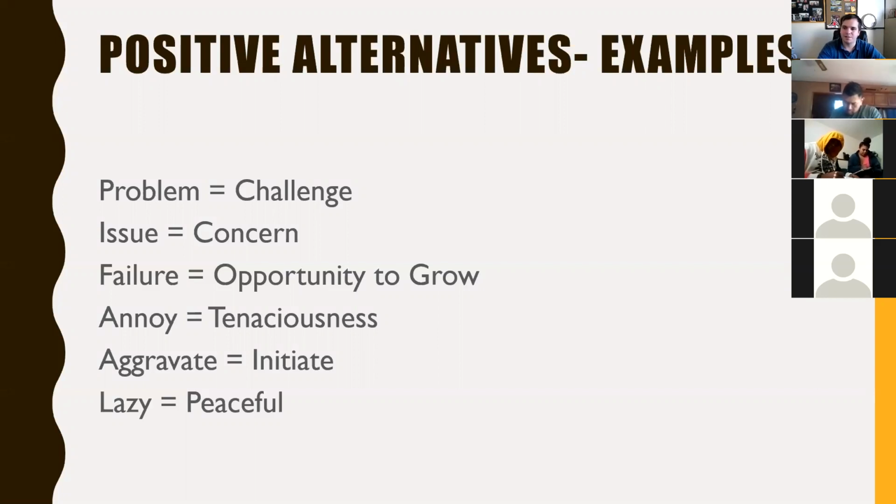An issue is something that somebody might look at and say, oh man, there's issues there. There's things that are not good there. A concern shows that you have empathy and that you care about the situation, that you want it to be better. Failure can be an opportunity to grow.